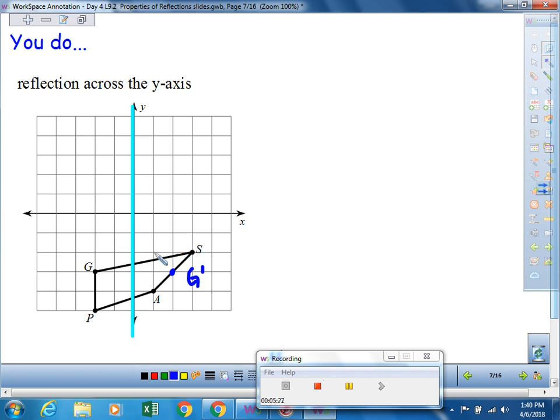And then I have 1, 2, 3. So 3 to the other side, S prime. 2 to the line, 2 to the opposite side, C prime, and then 1, 1, A prime.